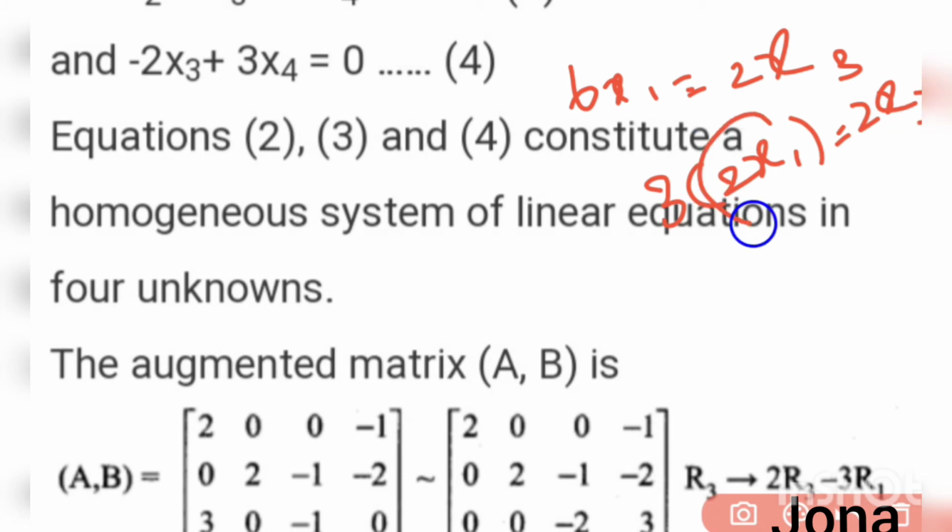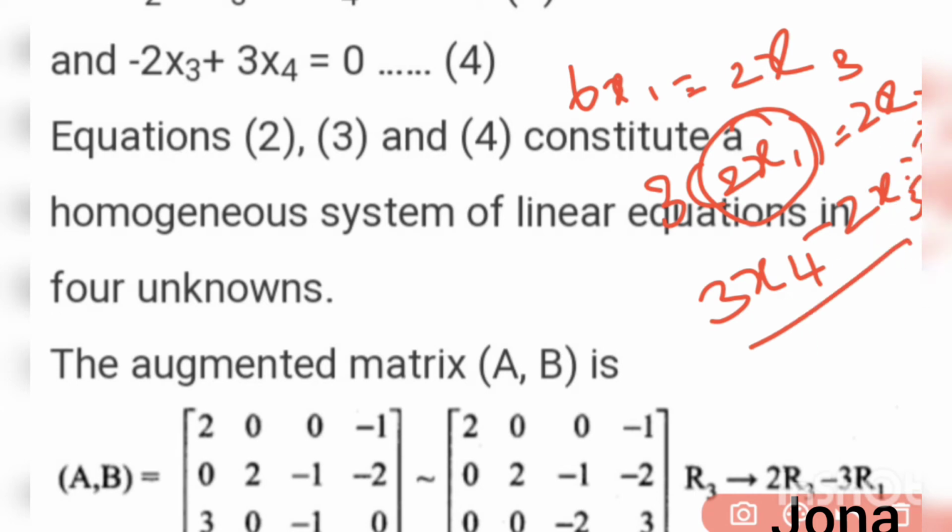Here 2x1 can be written as x4, isn't it? So 3x4, and taking 2x3 to the left hand side, we get 3x4 minus 2x3 equal to 0.